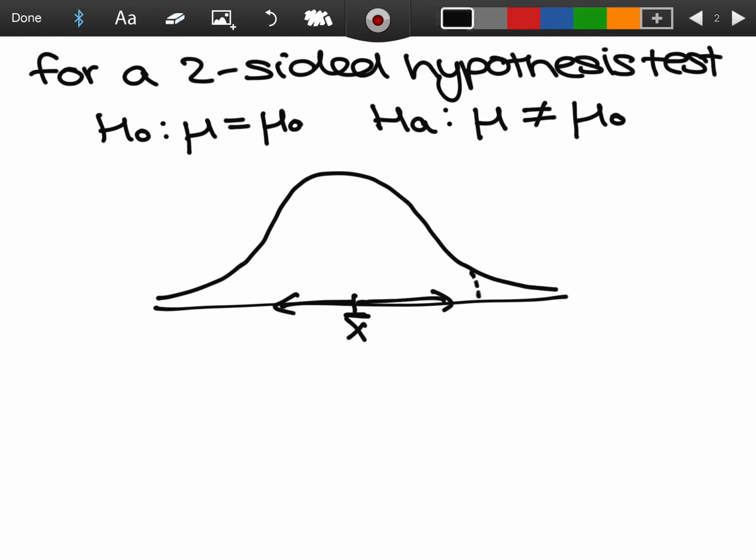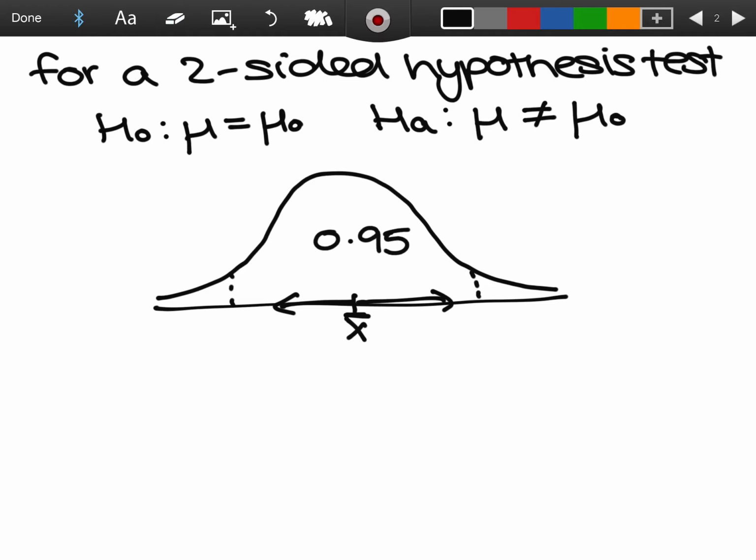If you are 95% sure that this interval contains the population mean, then you should be able to find two values here and here such that 95% of the data lies in the middle, okay?